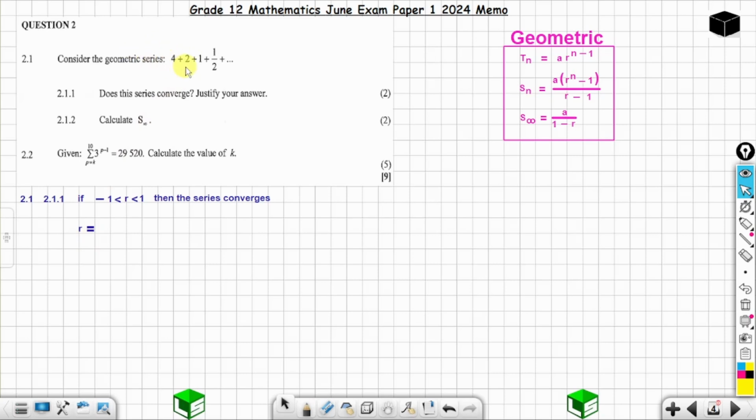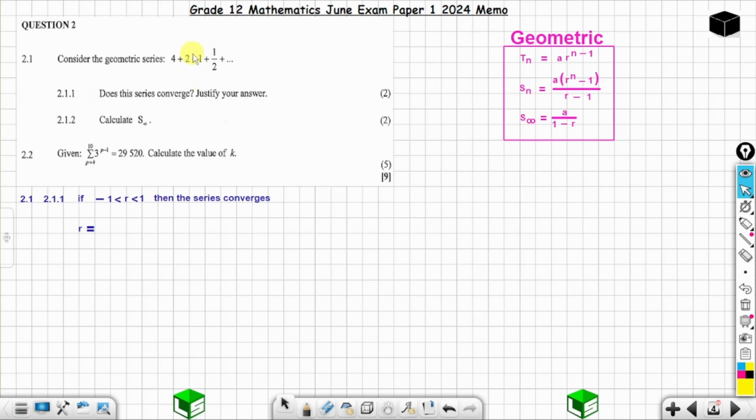I can take 2 over 4, which is 1 over 2, or 1 over 2 divided by 1, which is 1 over 2.